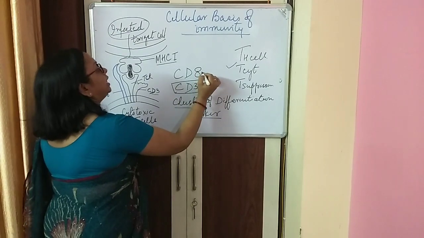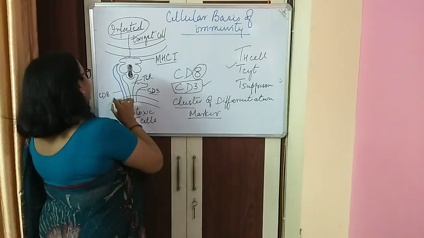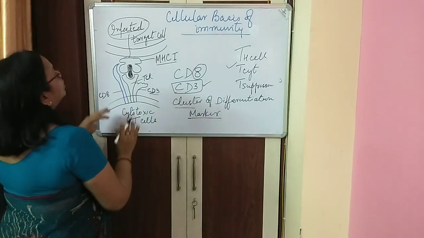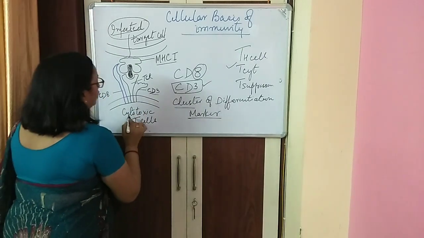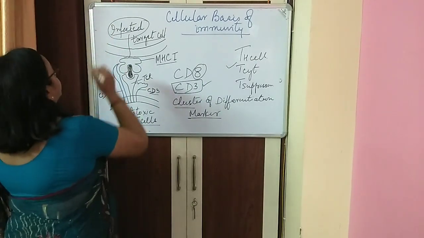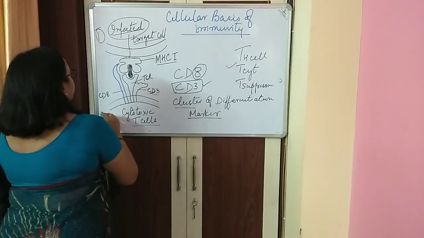But this CD8 may vary. And here you see the cytotoxic T cell. So the two cells are interacting, cell number 1 and cell number 2.